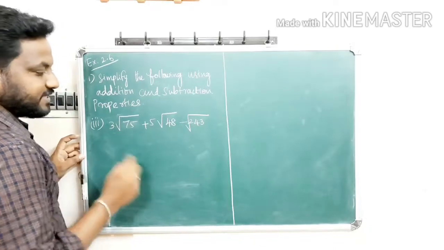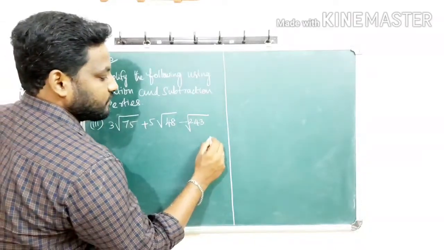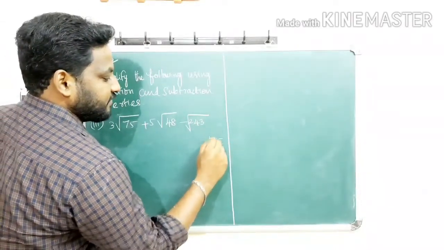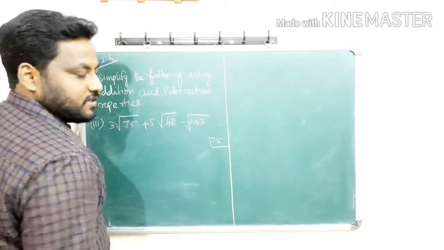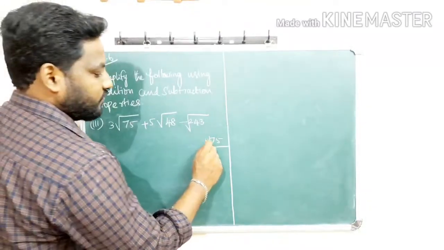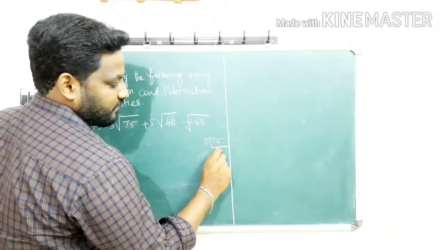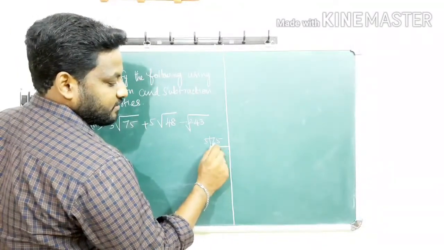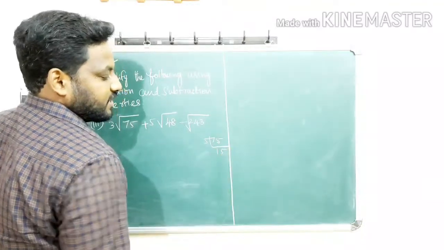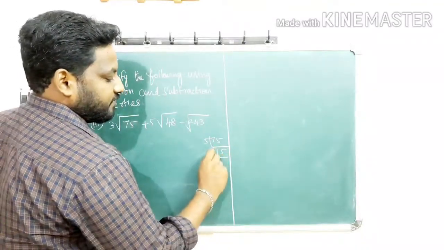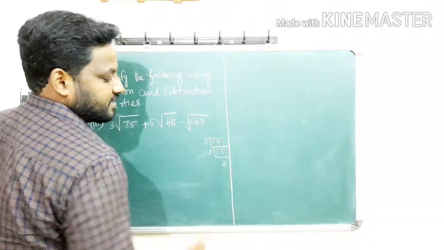So first of all 75. We have to divide using the division method. So 5 we can divide 75, 1 5 is 5, remaining 2, 25, 5 5s are 25. Then again 5, 3 5s are 50.